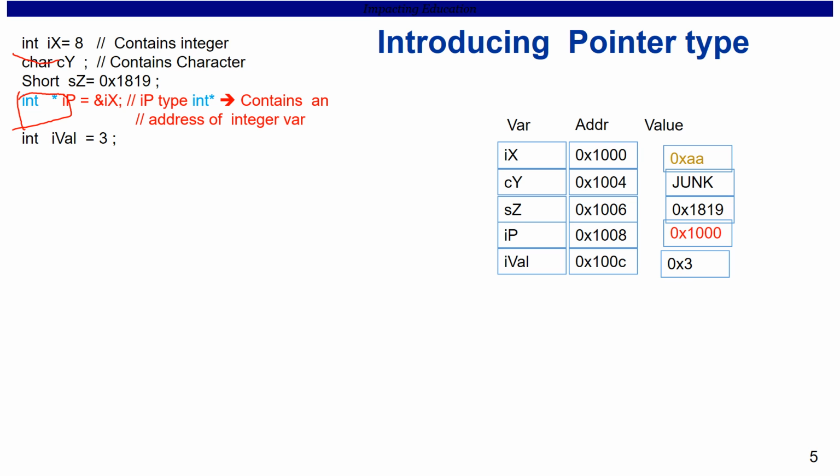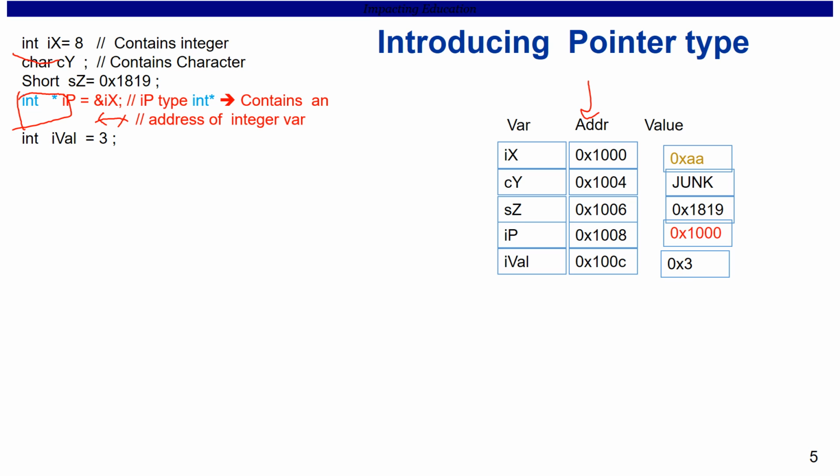If you peep into the ix memory location, you'll find an integer. If you peep into the ip memory location, you will find a number, but that number represents the address of an integer, right? So here I'm writing ip equals and of ix, which means ip contains the address of ix. That's illustrated in this diagram. You have ix, cy, these are the variables and these are the addresses.